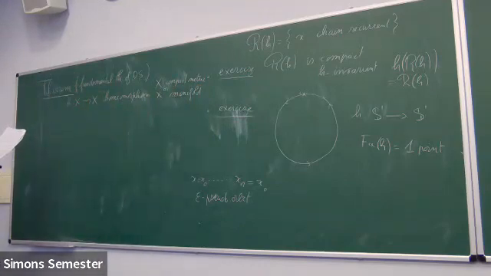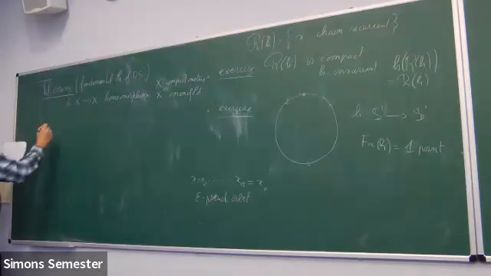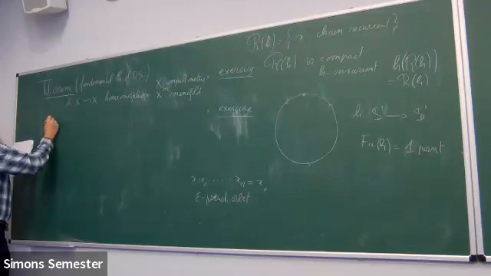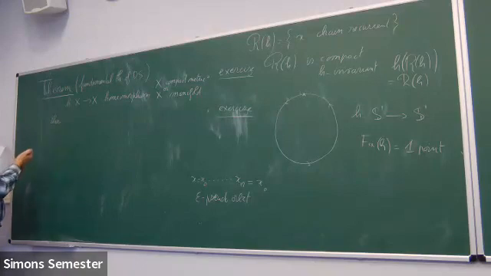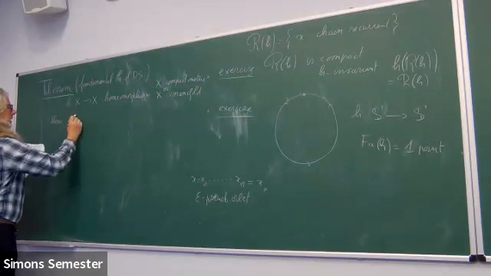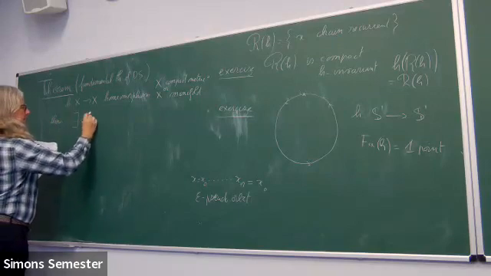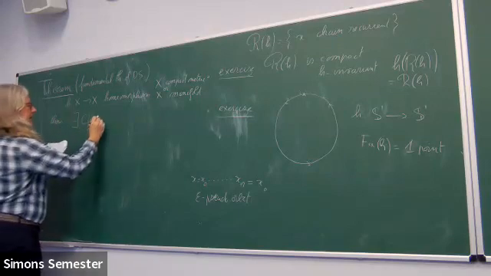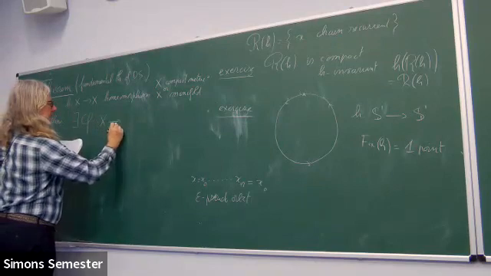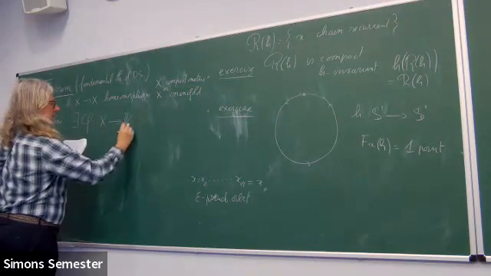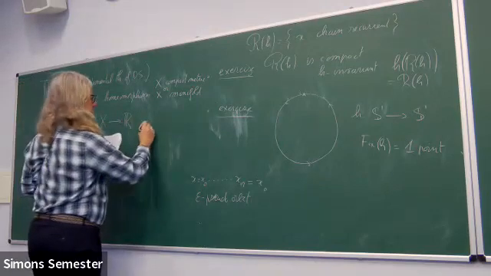Then there is phi from X to R, a continuous map.